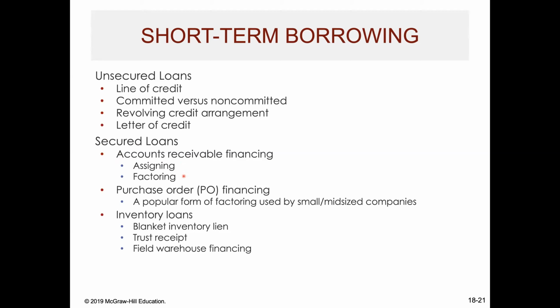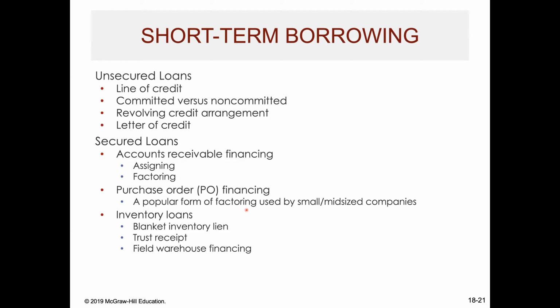Factoring is a little different. Factoring allows us to sell our accounts receivable at a small discount. So we can sell it, and then the lender takes charge of the accounts receivable and will receive those payments as they come in. There's purchase order financing.